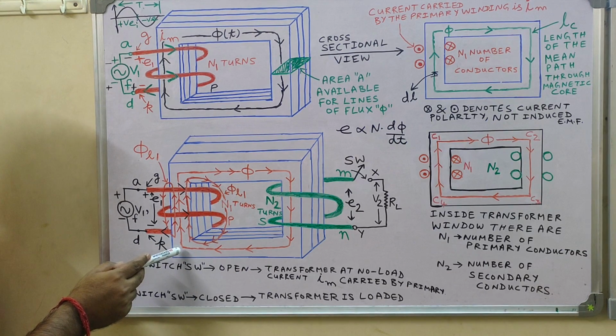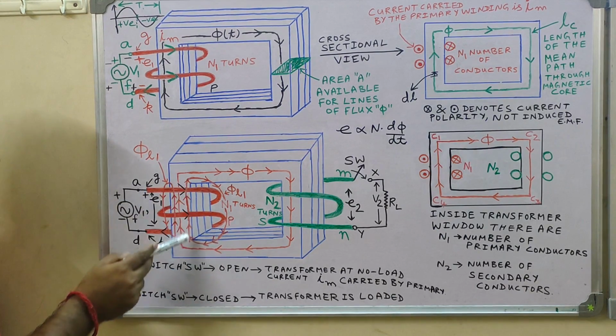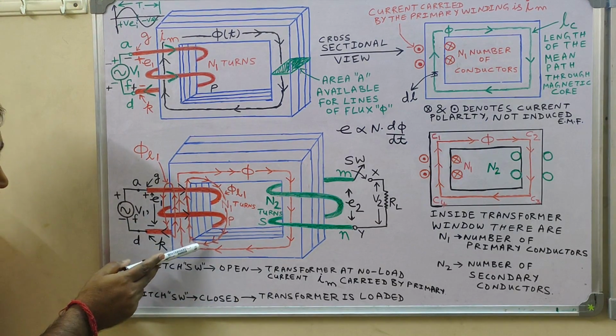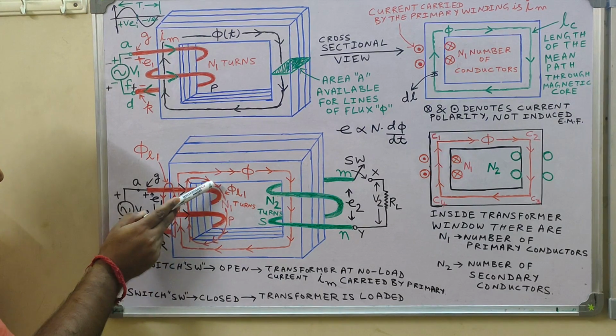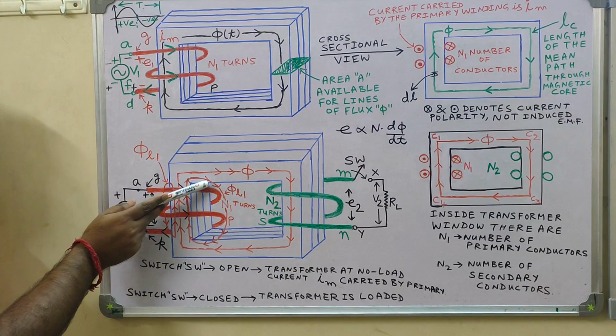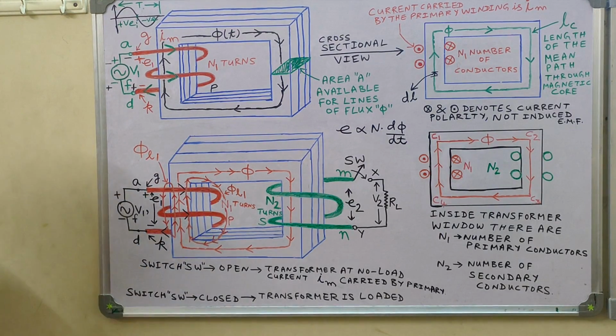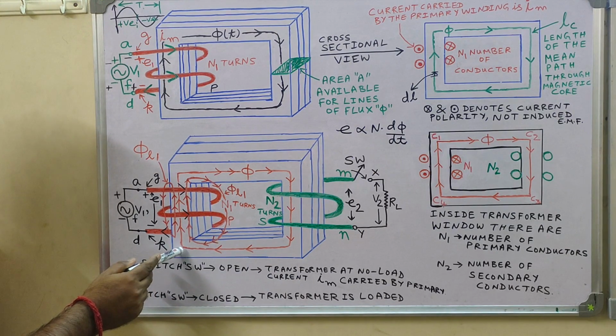Since the relative permeability of the ferromagnetic material is very high, and the transformer core is built from it, this much length of the transformer limb is going to offer a reluctance which is almost negligible compared to the reluctance offered by the air gap in this portion. You can see from this point to this point, the air gap is much larger, and air has a very large value of reluctance compared to the reluctance of the ferromagnetic core of the transformer.